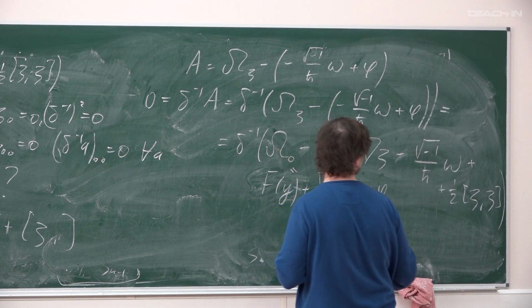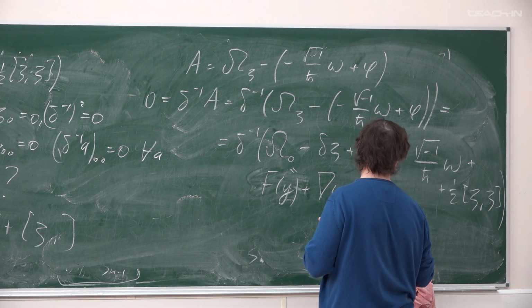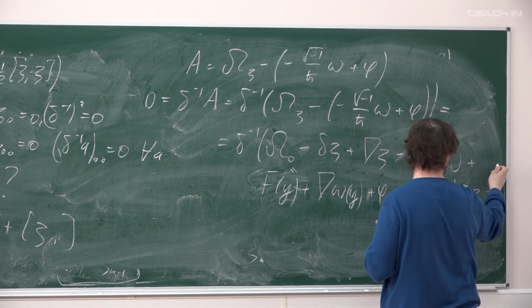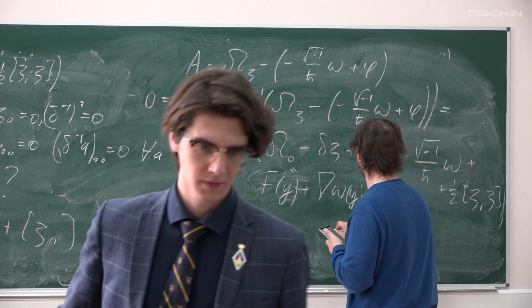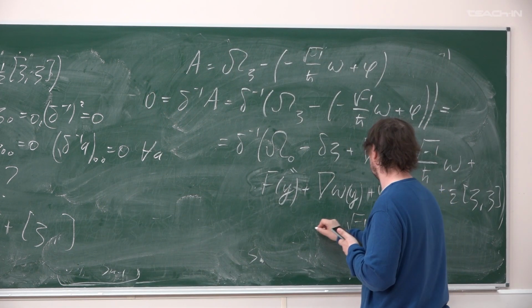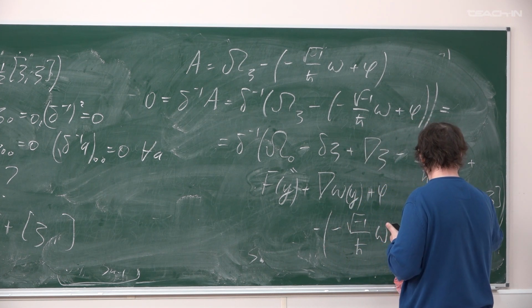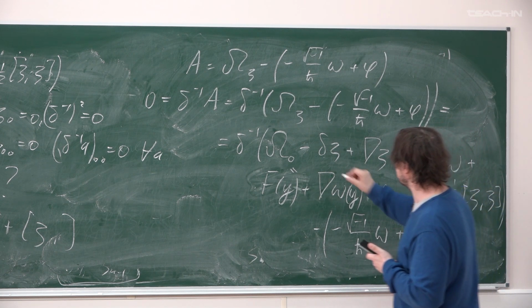Now, this term, yeah, I also forgot that we subtract. What do we subtract? Minus square root of minus 1 by h bar omega plus phi. So that's the first.